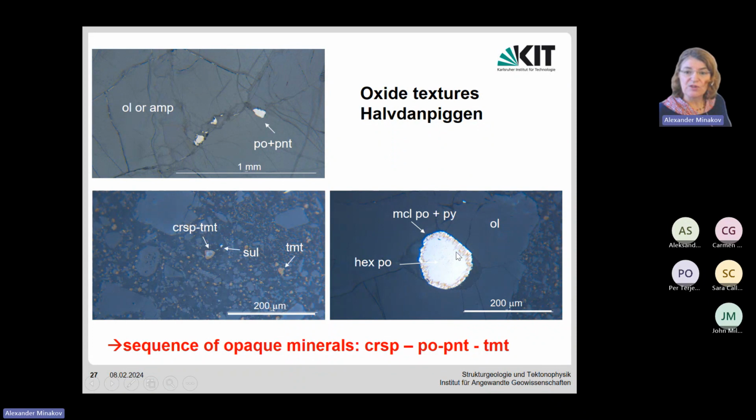And we also see this hexagonal pyrrhotite transforms during uplift or later events to pyrite and monoclinic pyrrhotite. You see that you have some brownish colors here. This is a transformation from the hexagonal pyrrhotite to the monoclinic. And you have a sequence of the opaque minerals here, from chrome spinel to the sulfides, and then titanomagnetite that has formed from the melt.